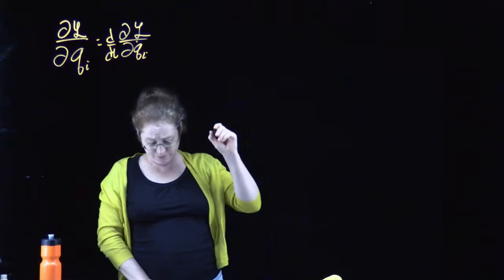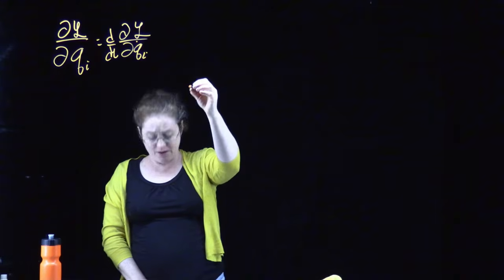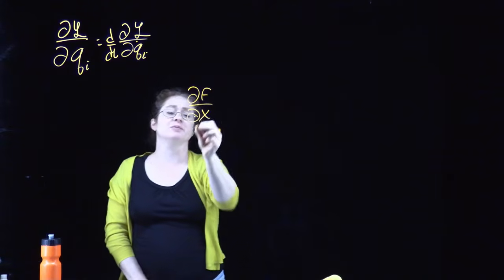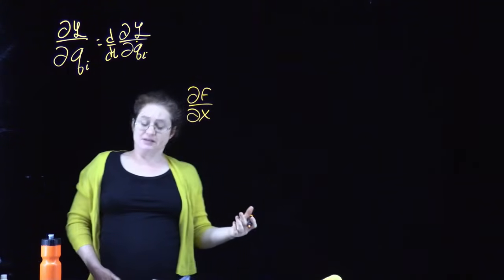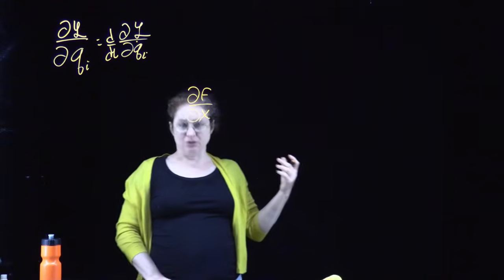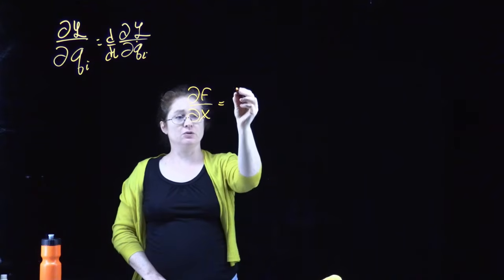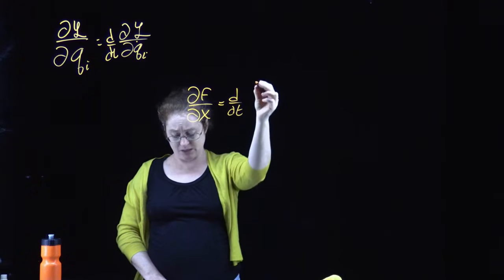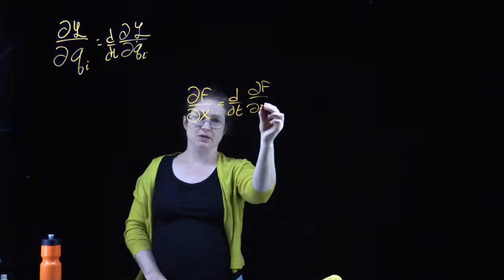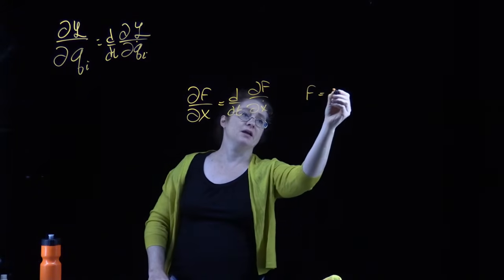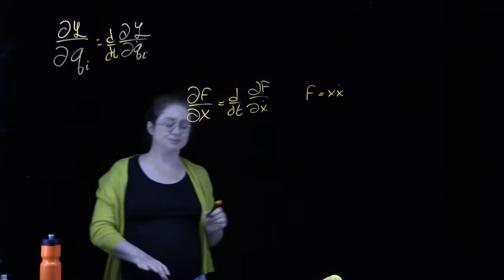Now, Lagrangians are not unique. So if we have a function F, and we'll just consider the variable to be x instead of some generic variable, partial F partial x equals d dt partial F partial x dot. An example of this is x dot.